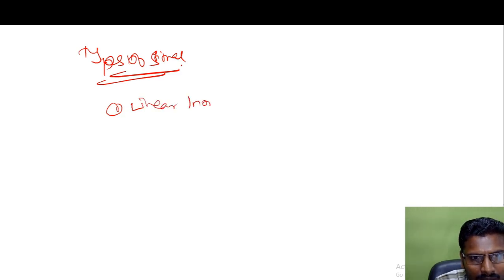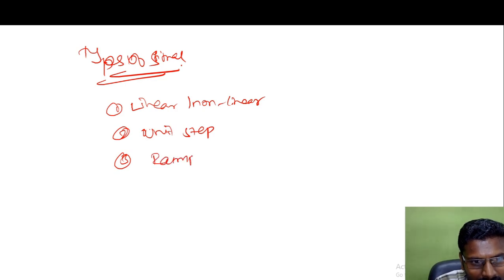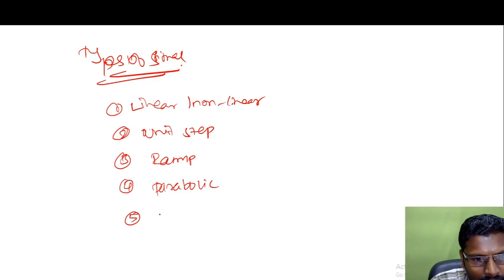First one, linear and non-linear signal. Second one, unit step signal. Third one, ramp signal. Fourth one, parabolic signal. Fifth one, impulse signal.